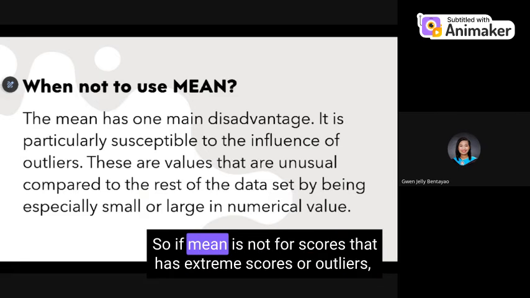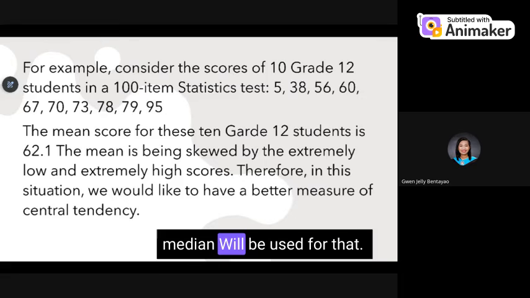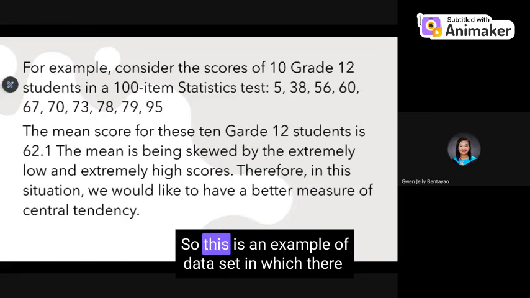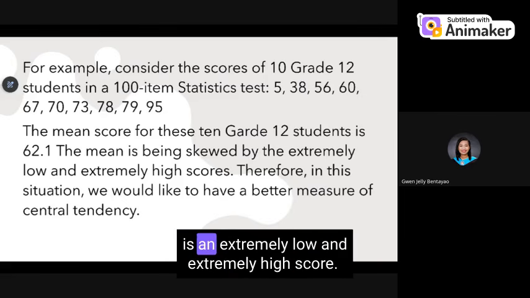If the mean is not for scores that have extreme scores or outliers, the median will be used for that. This is an example of a data set in which there is an extremely low and extremely high score.